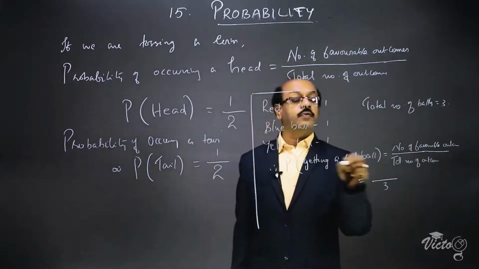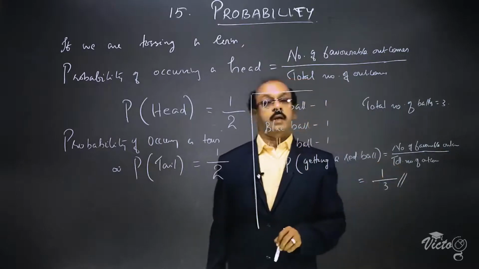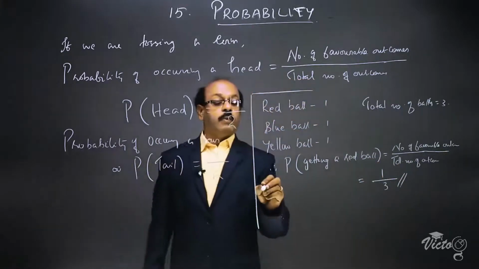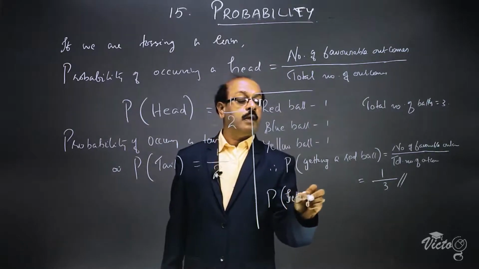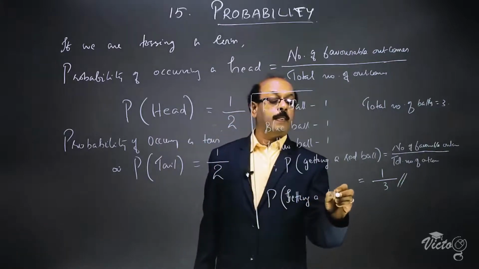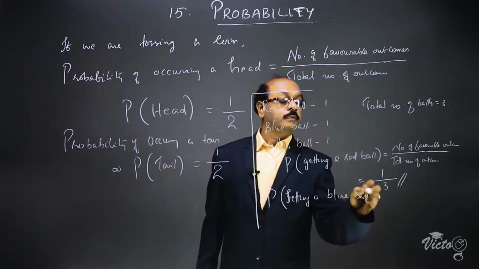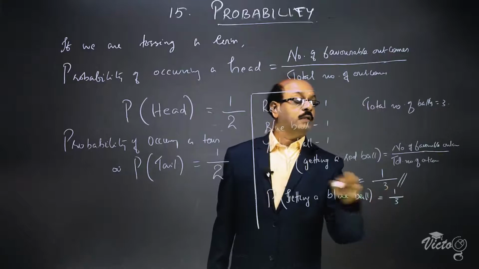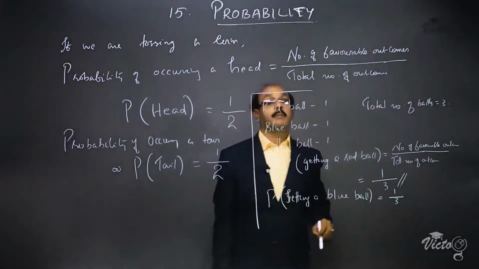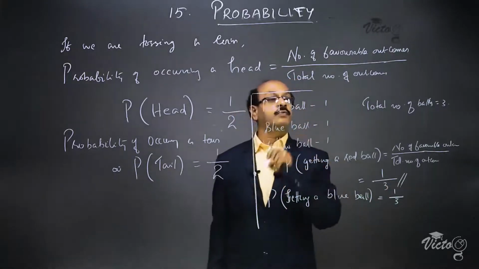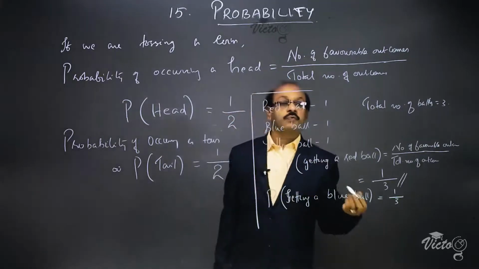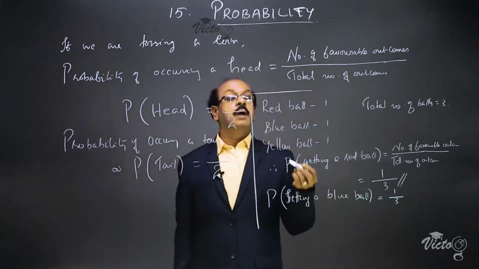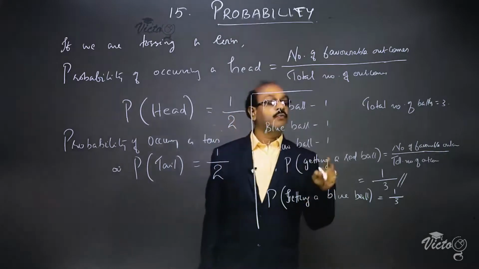Therefore, the probability of getting a red ball is 1 by 3. Similarly, the probability of getting a blue ball is also 1 by 3 because there are a total of 3 balls and we are taking only one ball from the bag. There is only one blue ball. Therefore, the probability of getting a blue ball is also equal to 1 by 3.